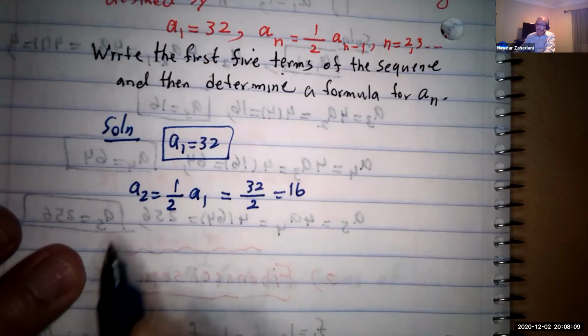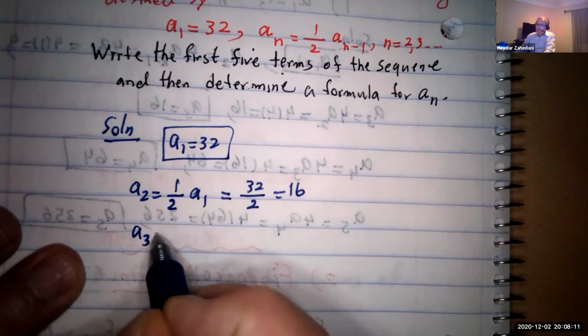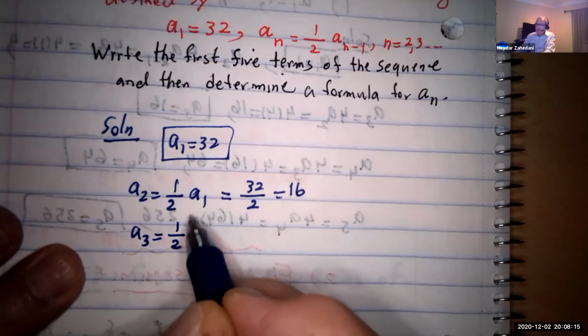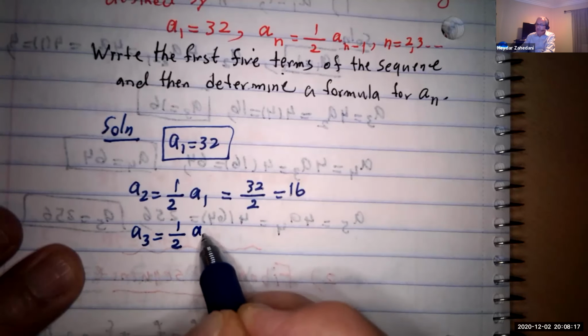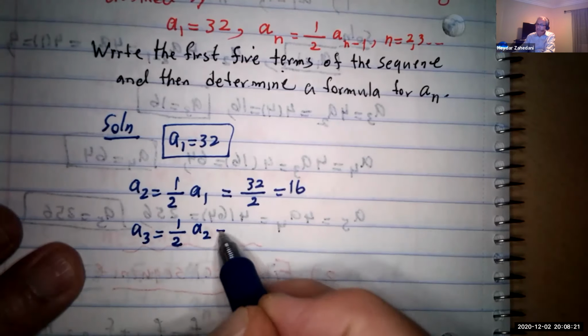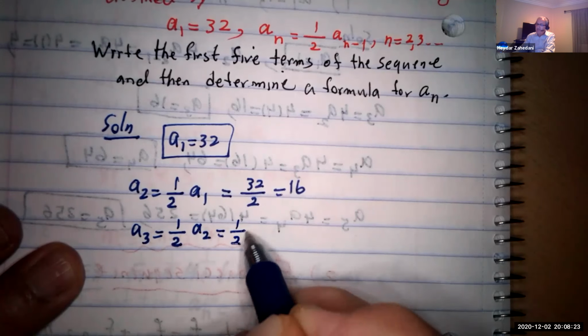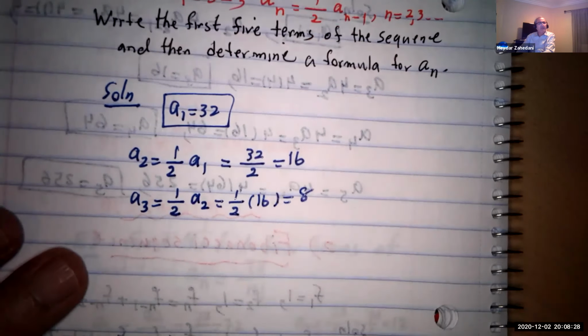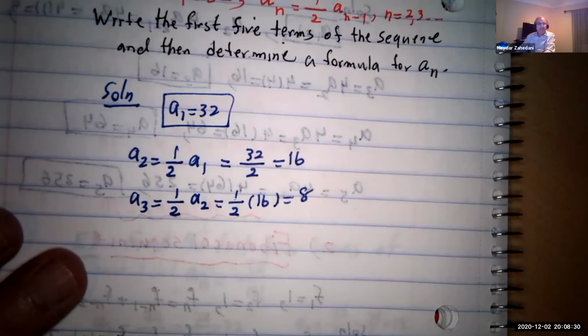Let's find a3. What's going to be a3? It's going to be 1/2 of the previous one, a2, and a2 is 16. So it's 1/2 times 16, which gives you 8. So the first one is 16, and the next one is 8.